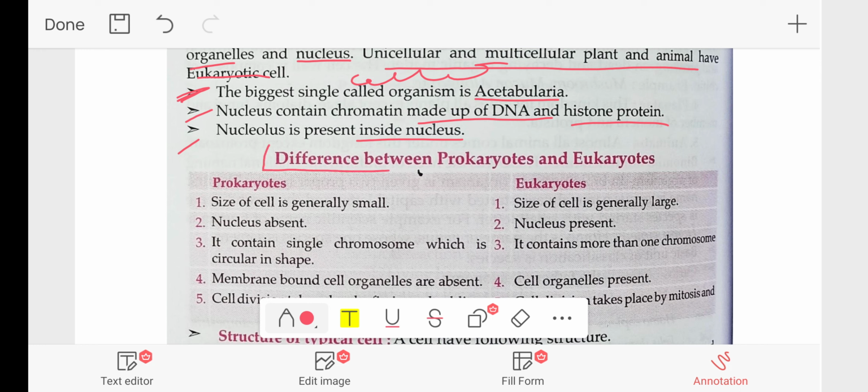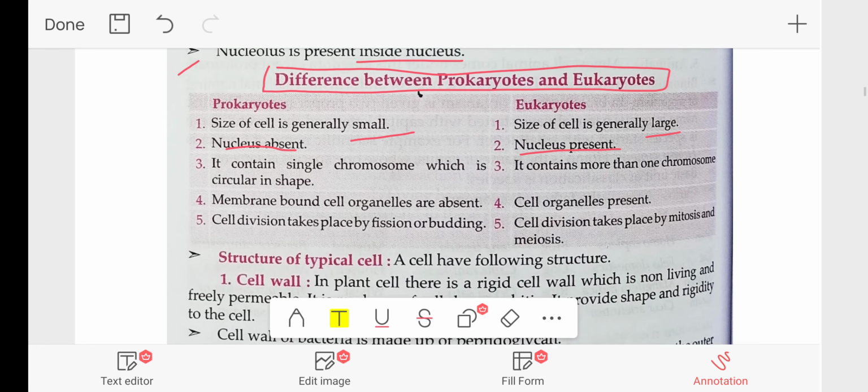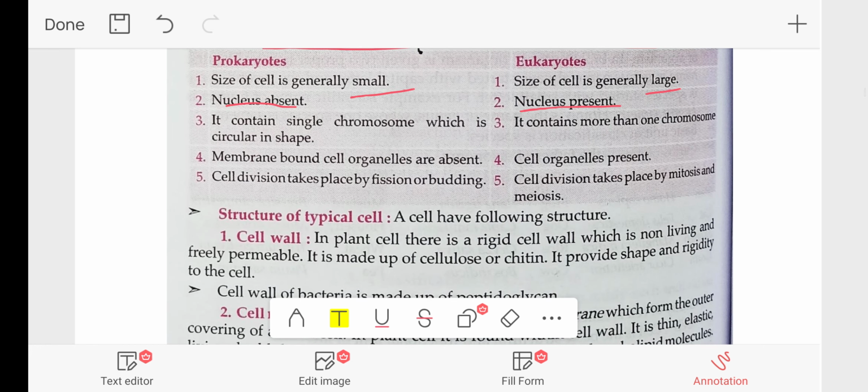Now let's see the difference between prokaryotes and eukaryotes. In prokaryotes, size of cell is generally small, and in eukaryotes, size of cell is generally large. Nucleus is absent in prokaryotes, but in eukaryotes, nucleus is present. Prokaryotes contain a single chromosome which is circular in shape.